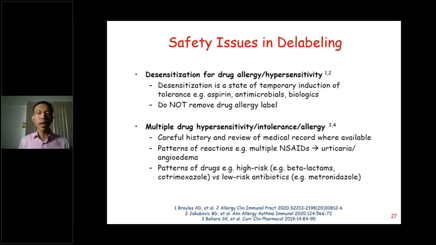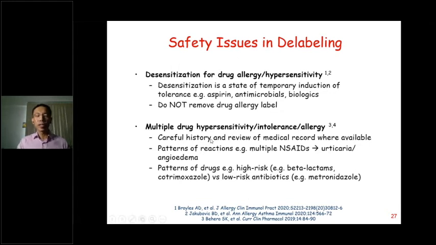So that's the reason why it's important to bear in mind that patients who are desensitized should continue to have the drug allergy alert in their medical record. And at least in our practice, we have certain ways to ensure that on the electronic record, it is labeled that the patient is on a desensitization. And so that's the reason why the drug allergy label continues to remain on the system.